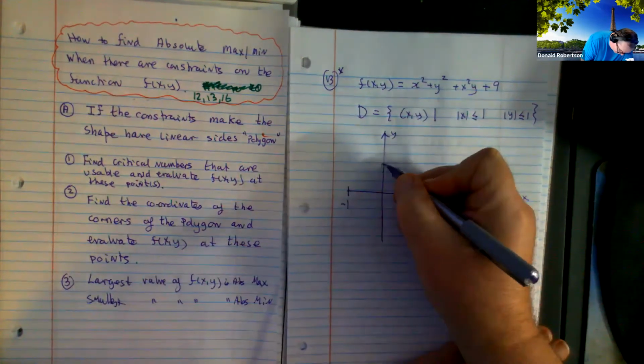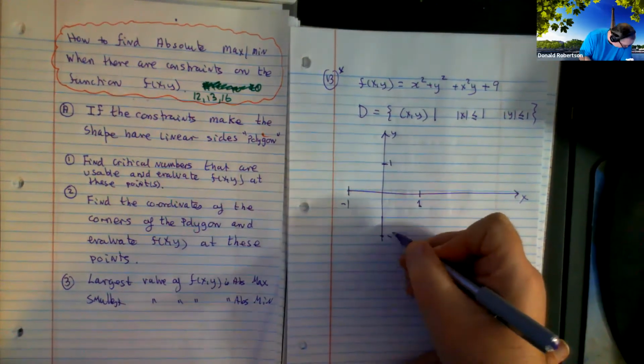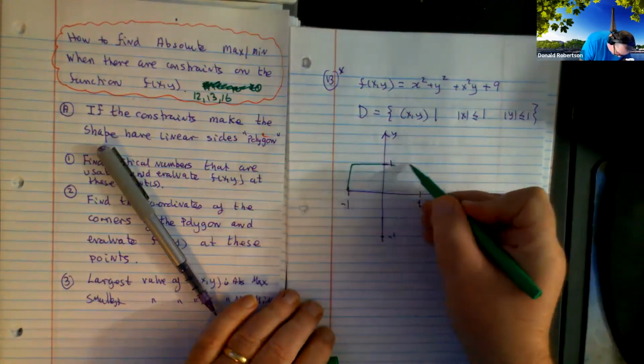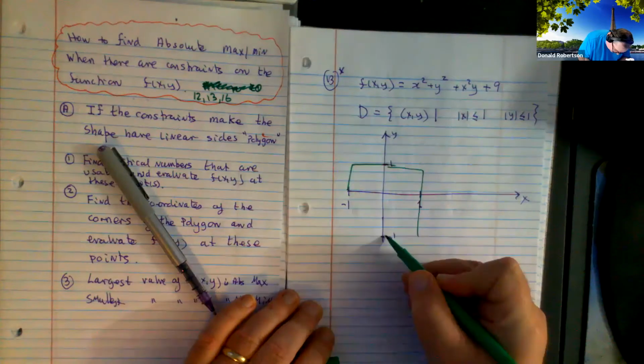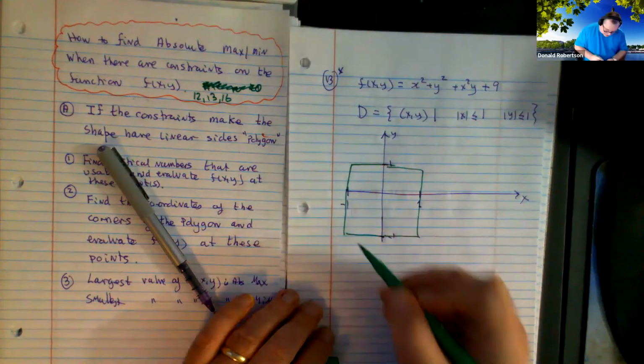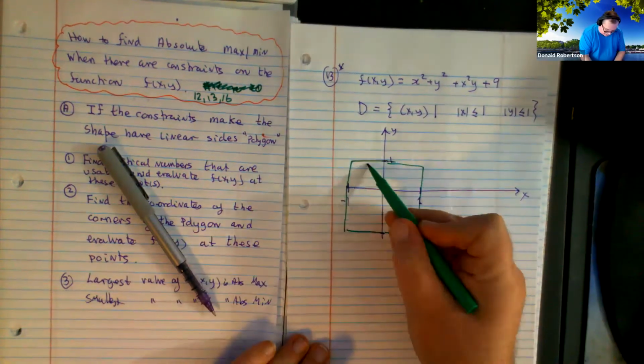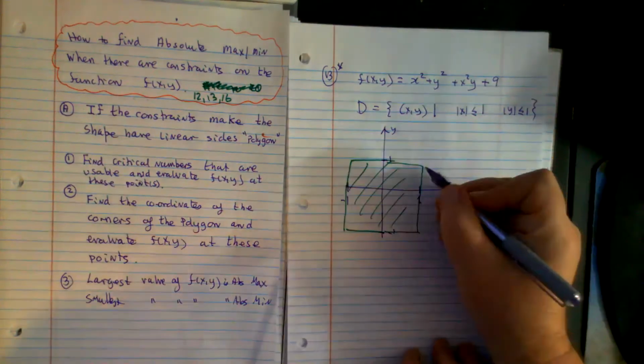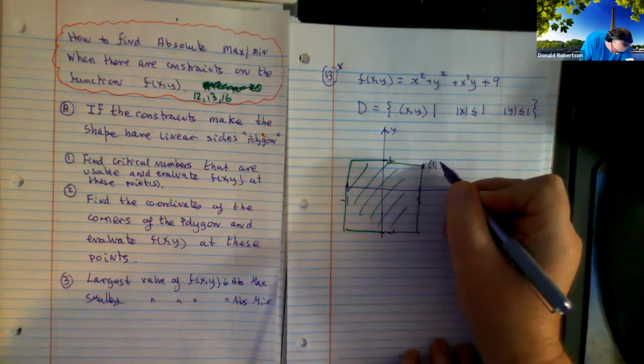And if you do the same for y, you get there and there. And so the region is actually a big square that looks something like that. Are you happy about that being region D? Are we good? Yep. Right. So I'm really only interested, and I might as well do them right now, in the corners.